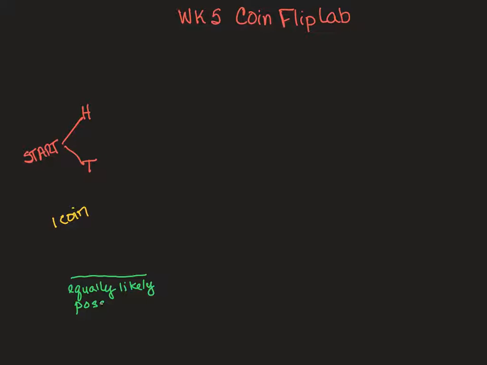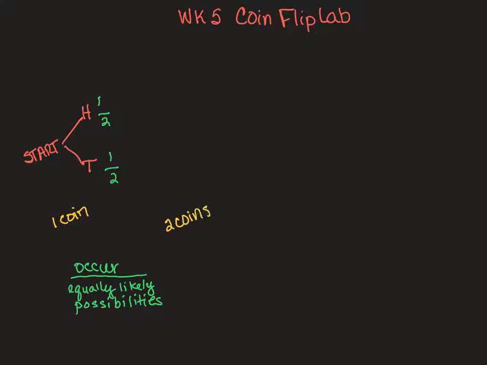So I have two equally likely possibilities, and one of those is heads, and one of those is tails. So this is what could occur, the possibilities that can occur. Okay, then let's do two coins.